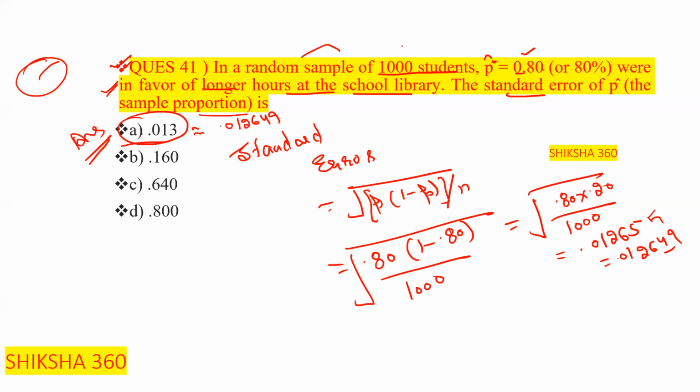In a random sample, they have given a number of students, some of whom are in favor of that, and the rest are not in favor of that.